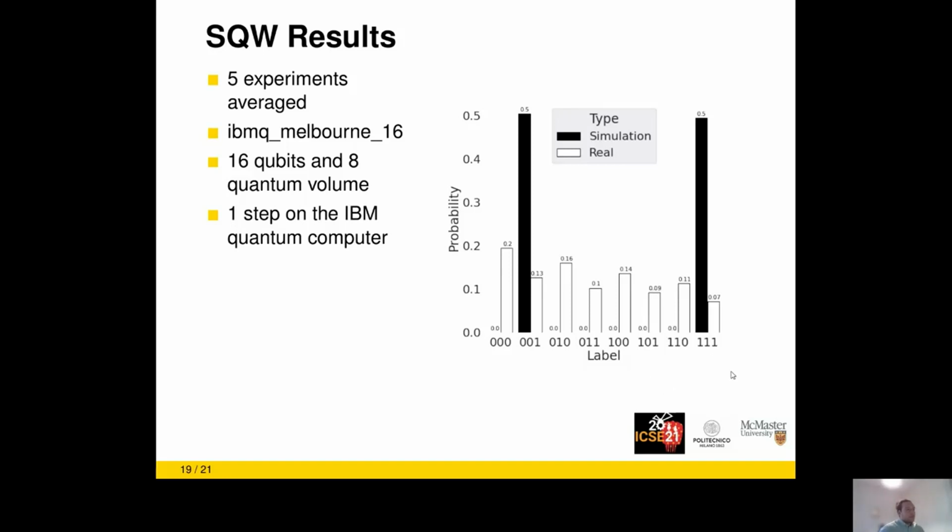And unfortunately, for what concerns the real execution, here we have results that are very, very distant from our expectation. Assuming that our implementation is correct, we assume that this is due to noise.